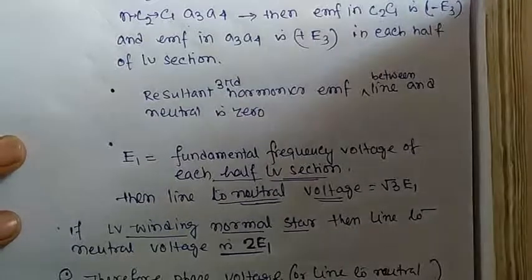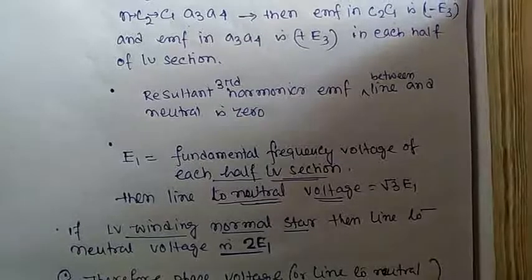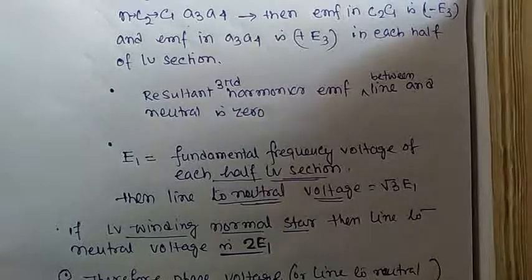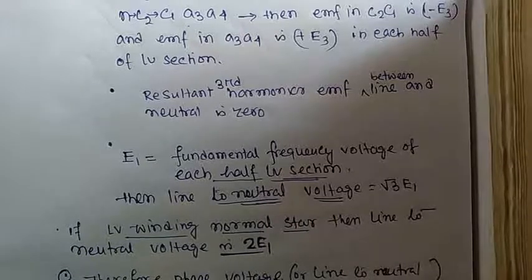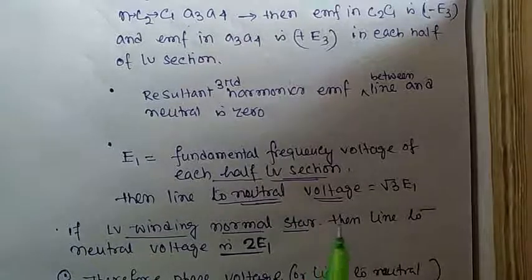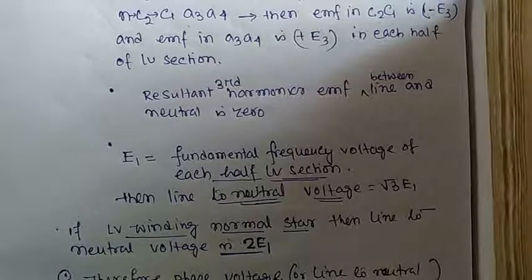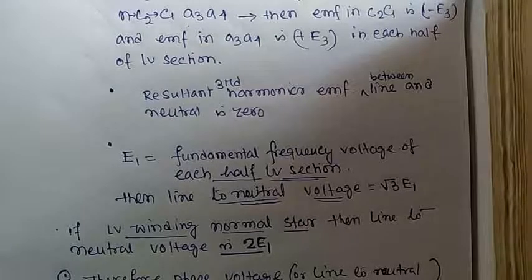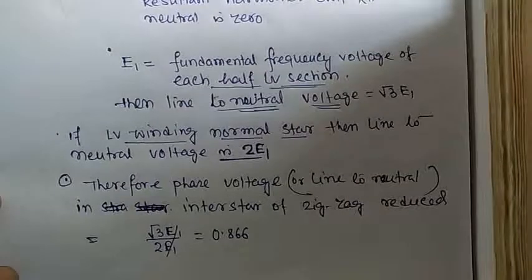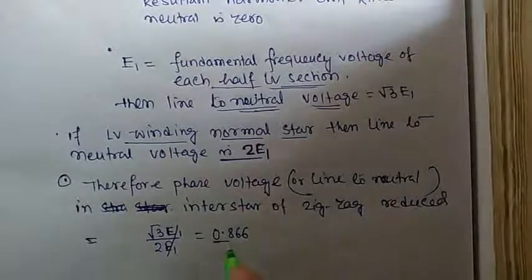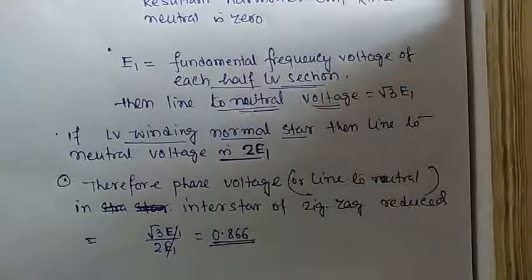Therefore, the phase voltage or line to neutral voltage in interstar or zigzag connection is reduced: root 3 E1 by 2 E1 is equal to 0.866, that is, it is reduced to 86.6%.